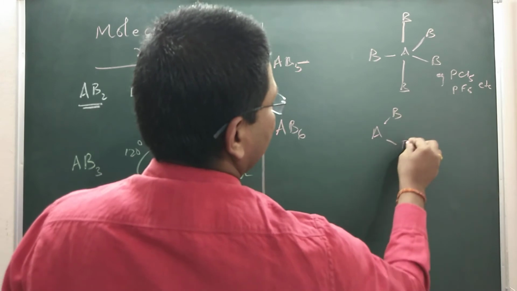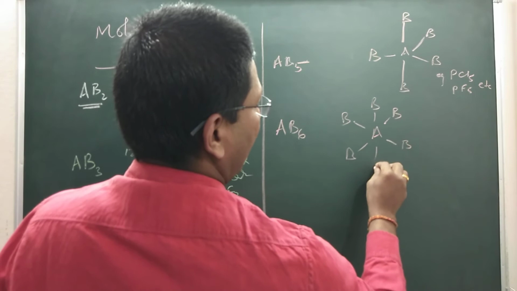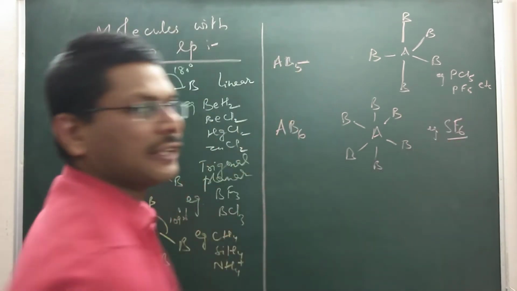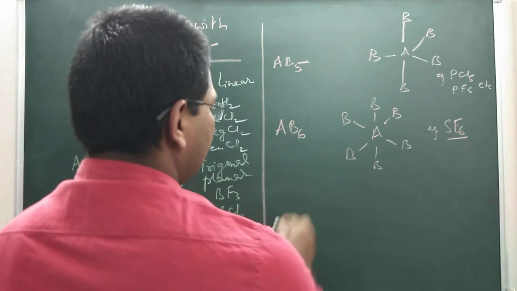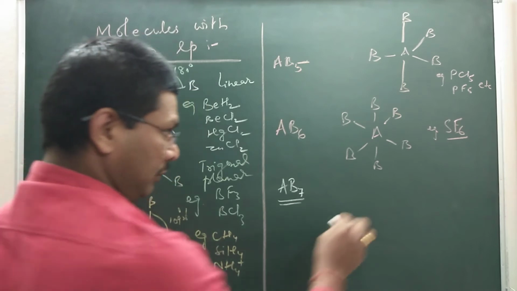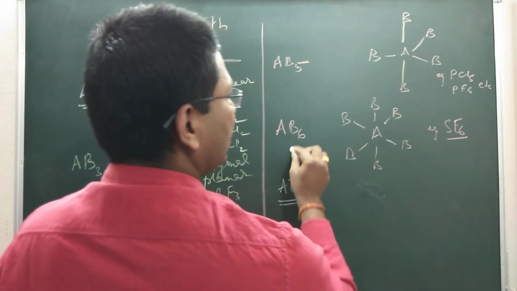The shape of this is octahedral, and the most common example is SF6, sulfur hexafluoride. Next is AB7, which is a rare type of molecule.